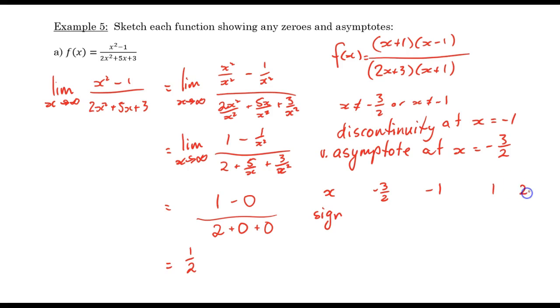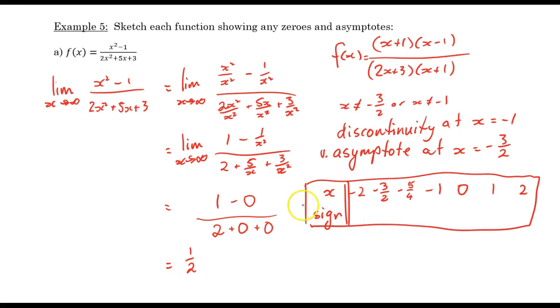So greater than 1 is 2, between negative 1 and 1 is 0, between 1 and negative 3 over 2, let's say negative 5 over 4, negative 1.25, it's between negative 1 and negative 1.5, and then something less than negative 3 over 2, let's say negative 2. Right, so quite a big table of signs this time because it's quite a complicated function.